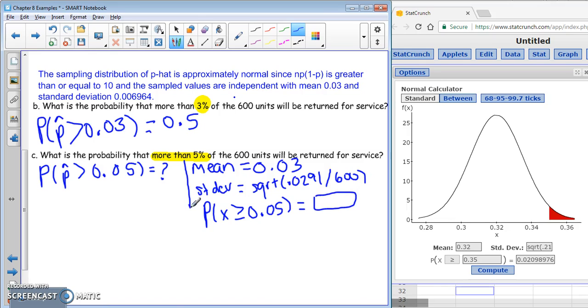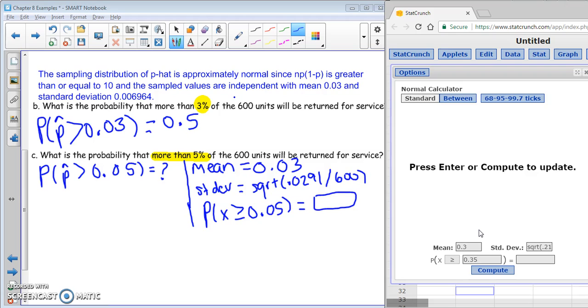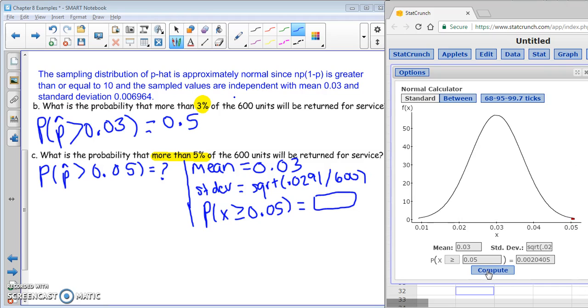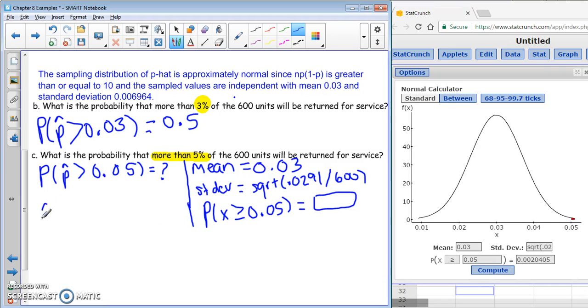We type in our mean and our standard deviation: SQRT for square root, open parenthesis, 0.0291 divided by 600, close parenthesis. Then we pick greater than or equal to from the drop down menu, change our value to 0.05, and hit compute. So our probability here is 0.0020.